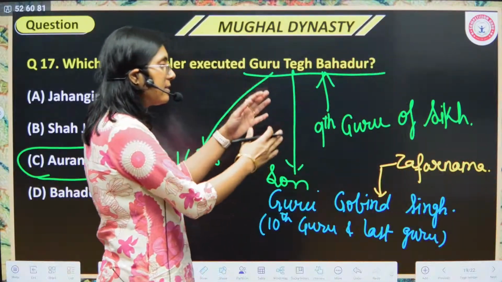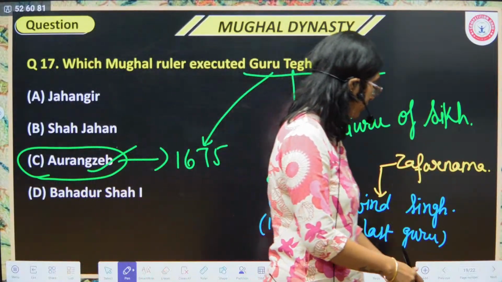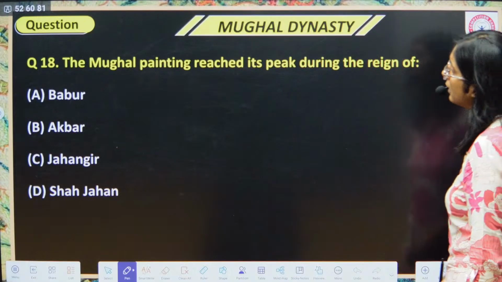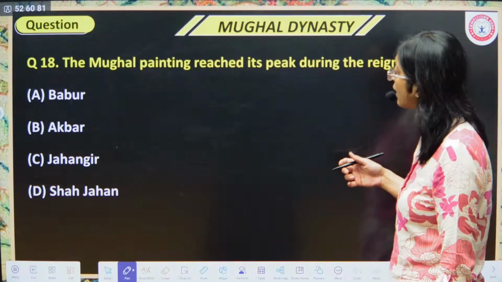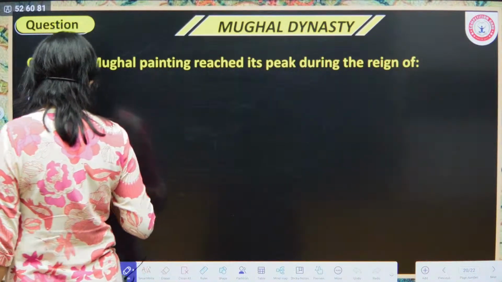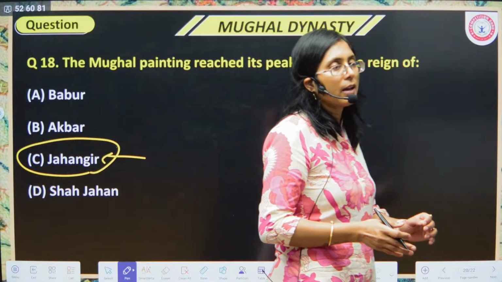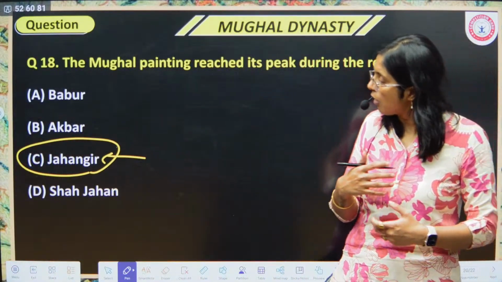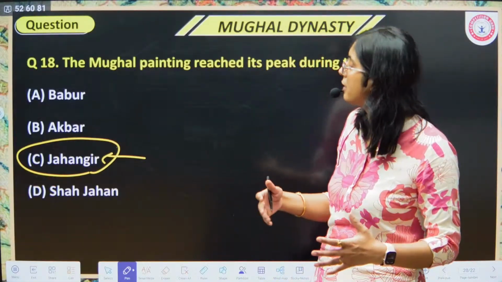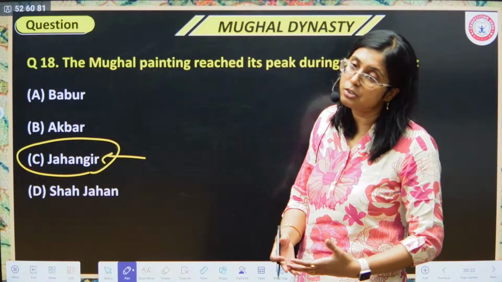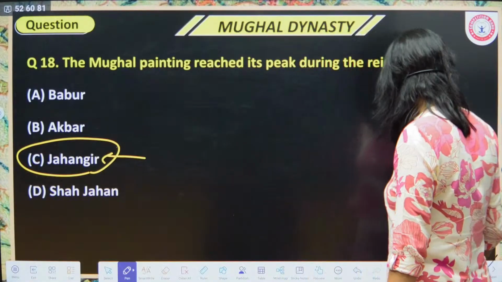Right? So please learn all these facts. These all are important. I'm moving to another question. Mughal painting reached its peak during the reign of Jahangir. Jahangir was very fascinated by painting. He also made many paintings with arts on the theme of nature, birds, like that. Okay.